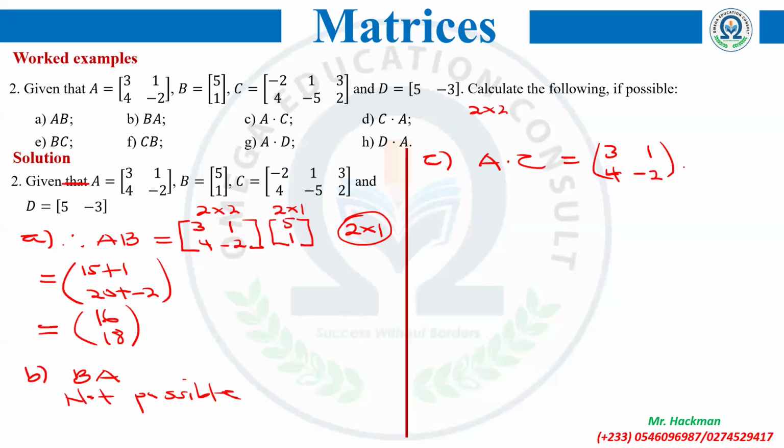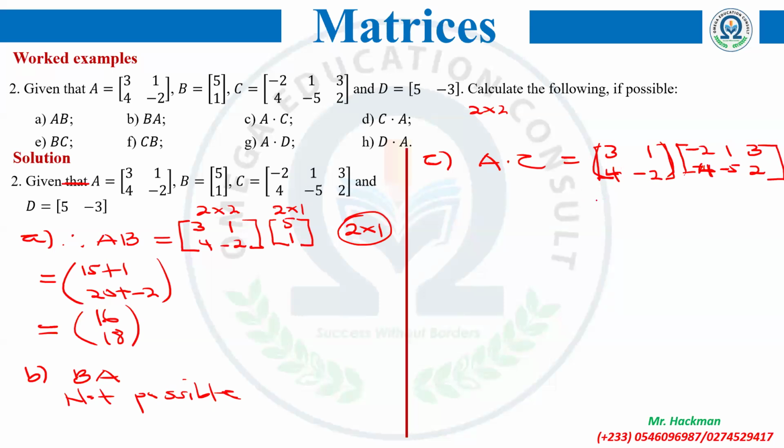And our C, let me use the square bracket as advised. So the C is: -2, 1, 3, then 4, not -4, forgive me, then -5, 2. You close it.